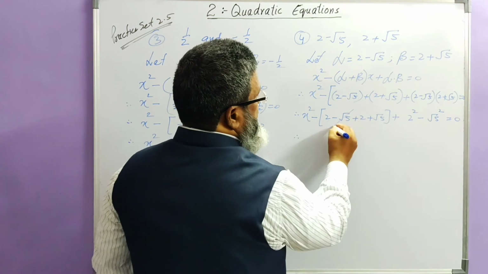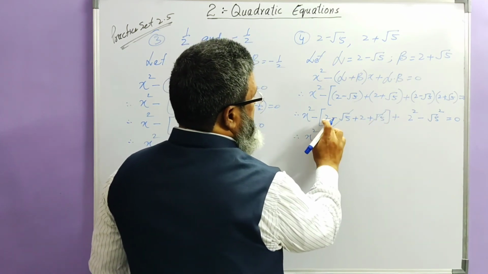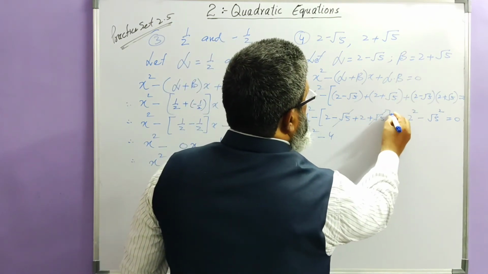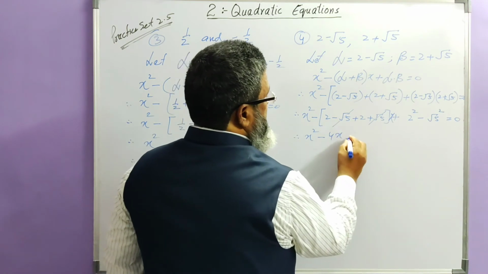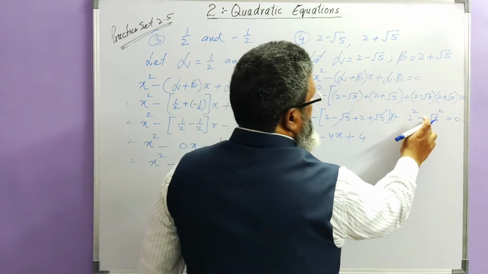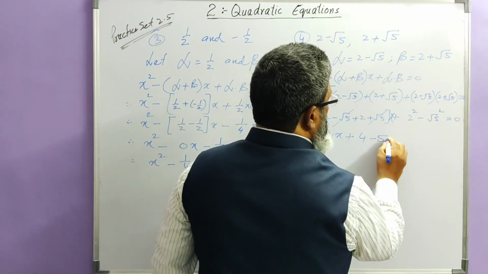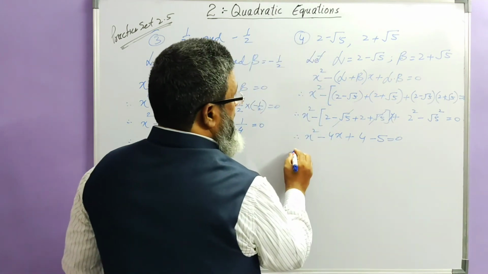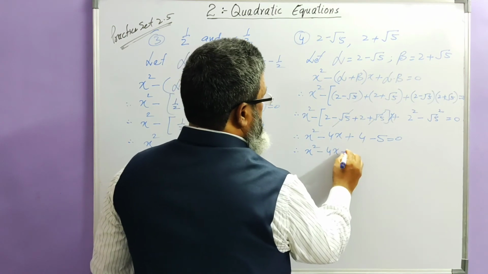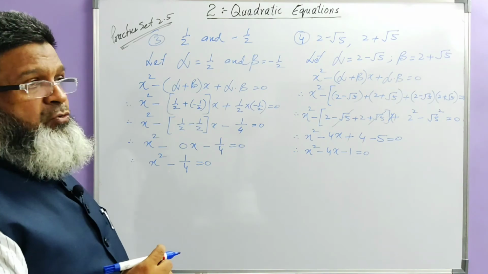Therefore, this minus root 5 and plus root 5 cancel. x square minus 2 plus 2 is 4. Here I forgot to write x. Plus 2 square is 4 and here root 5 square, it will get minus 5 is equal to 0. So therefore x square minus 4x minus 1 is equal to 0. This is the required equation.